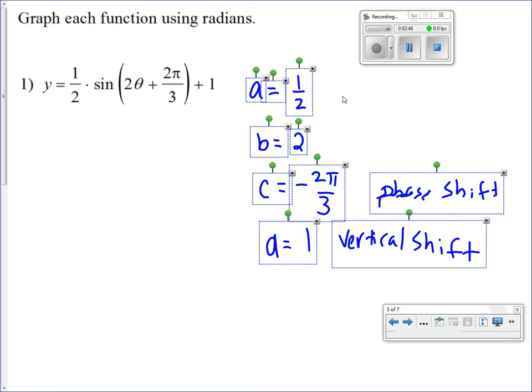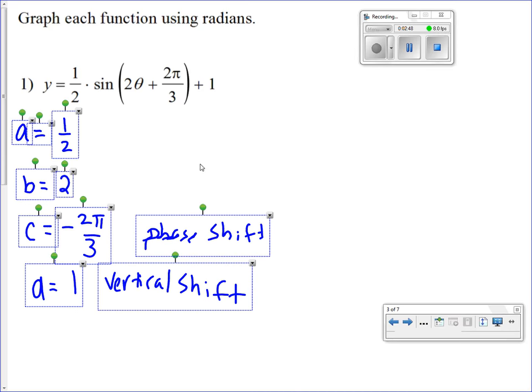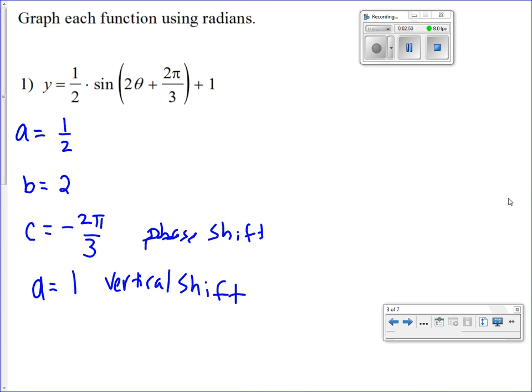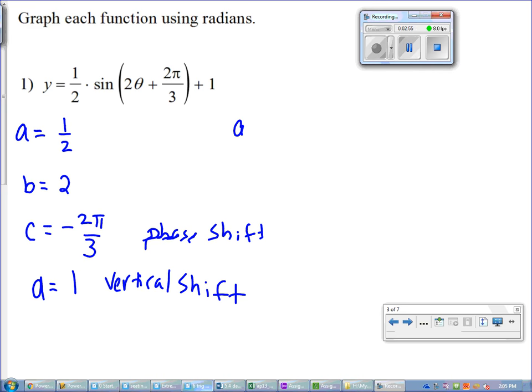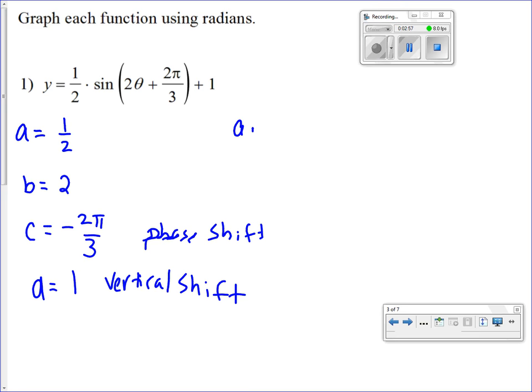All right, we're just going to move this over so we have a little more room. All right, so A is used to find the amplitude of your graph, and the amplitude is just really the height. It's from the midline to the top or midline to the bottom of your curve.